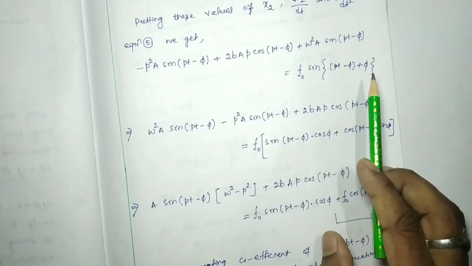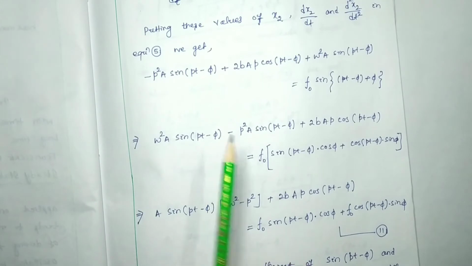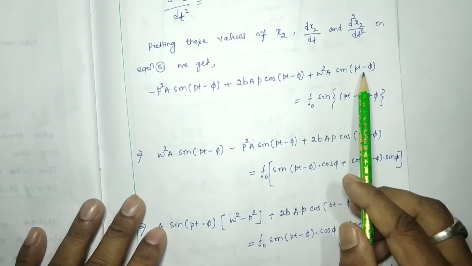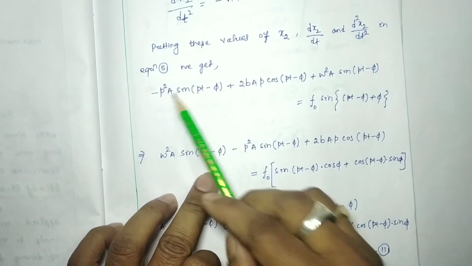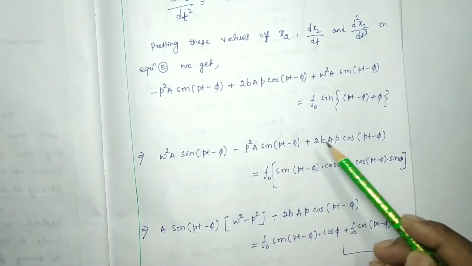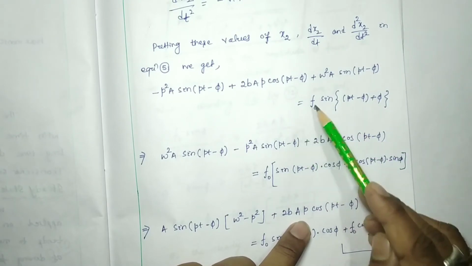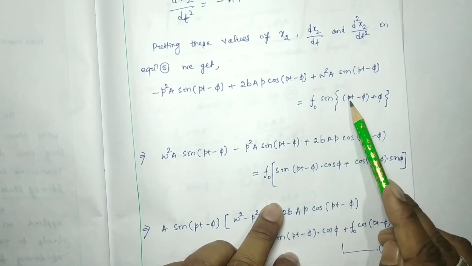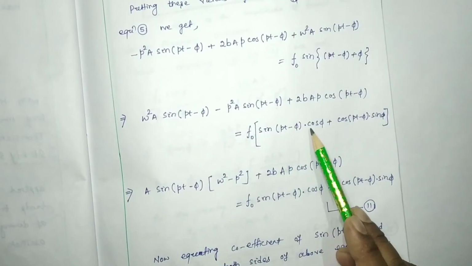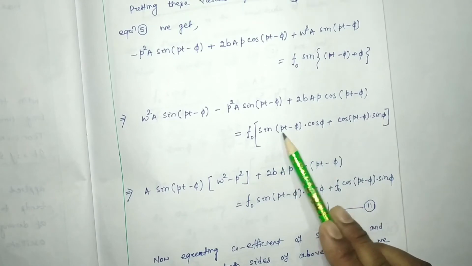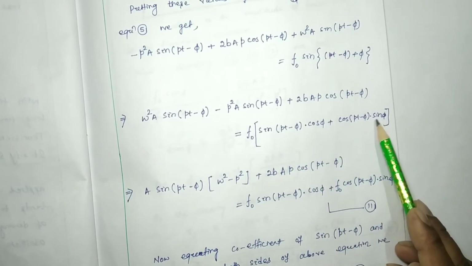Okay, so in the next step, we take omega square a sin(pt minus phi), then minus p square a sin(pt minus phi), plus 2b a p cos(pt minus phi), is equal to f0 sin(a plus b), which is sin a cos b plus cos a sin b: sin(pt minus phi) cos phi plus cos(pt minus phi) sin phi.